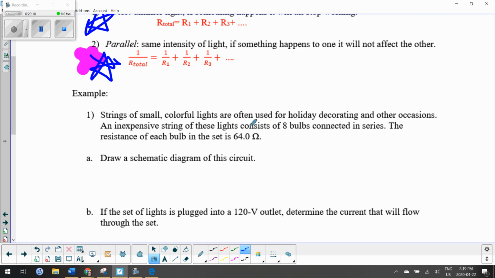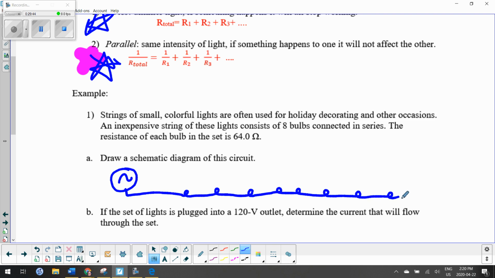It does not tell me what it's plugged into, but I'm going to assume I'm plugging it into a wall. So when I plug it into a wall, this represents the alternating current of a wall. I have 8 bulbs connected in series: 1, 2, 3, 4, 5, 6, 7, 8.